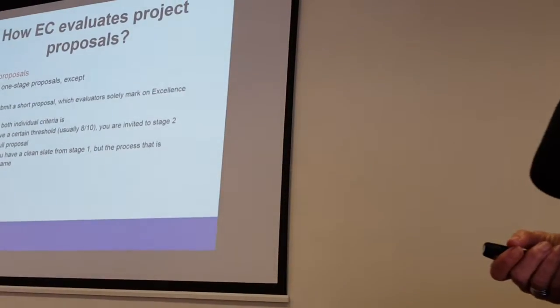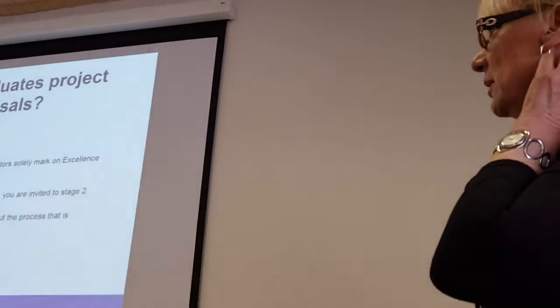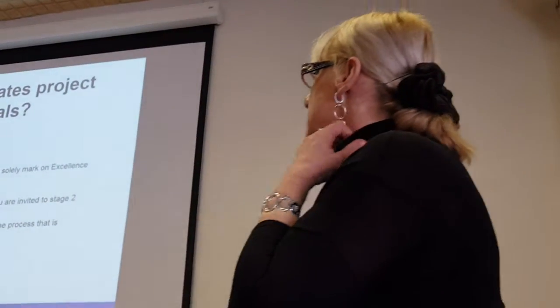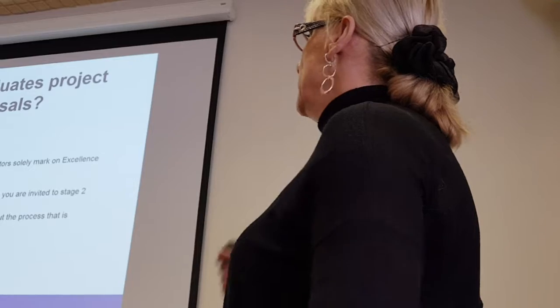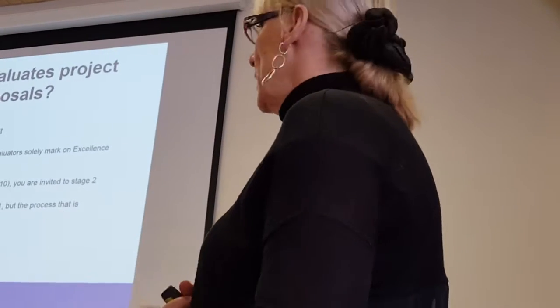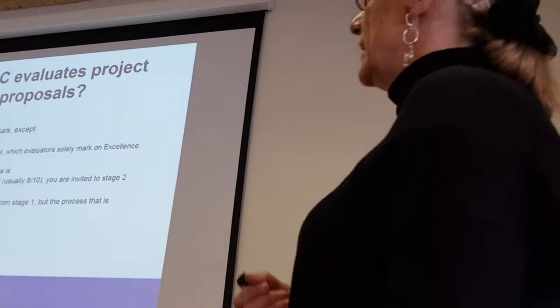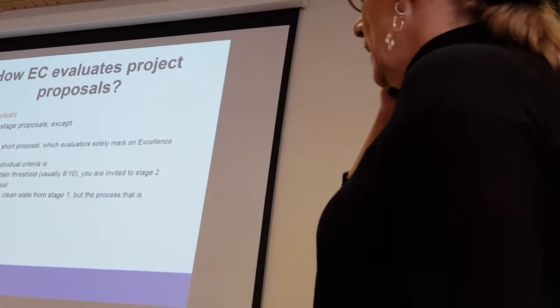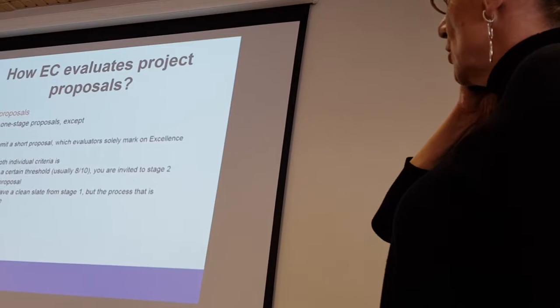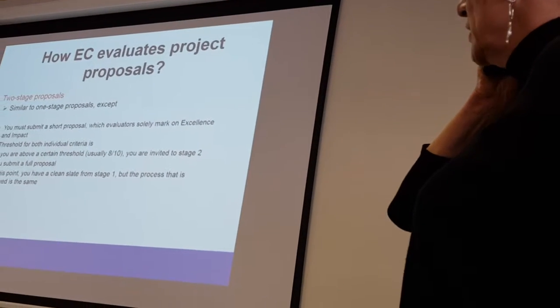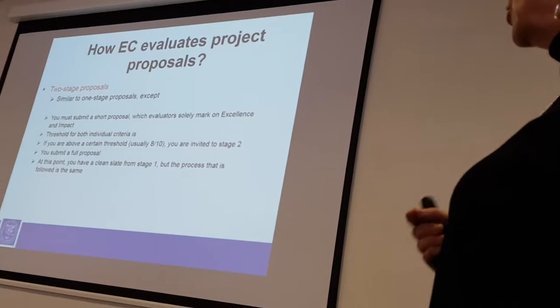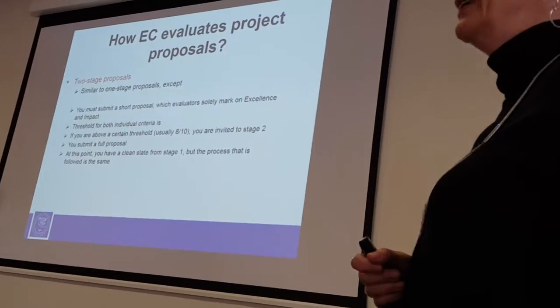2-stage proposals are evaluated in a similar way to 1-stage proposals, except that you must submit a short proposal beforehand, which evaluators mark on excellence and impact only. The threshold for both individual criteria is 4, which is missing on the slide, but it's 4.